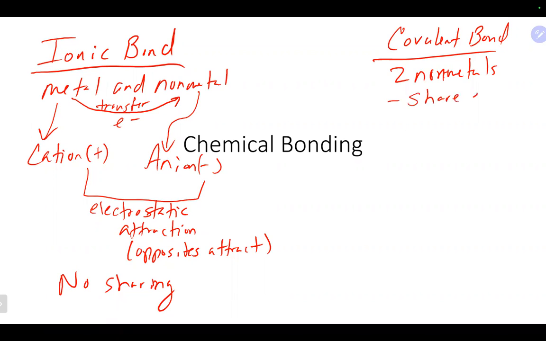So there's sharing of electrons that occurs in a covalent bond. And as we'll talk about here, it may be equal sharing of those electrons or unequal sharing. But there is some aspect of sharing going on when you have a covalent bond, and that again is very different than an ionic bond, where frankly there is no sharing happening. There's a complete transfer of electrons from one to the next.